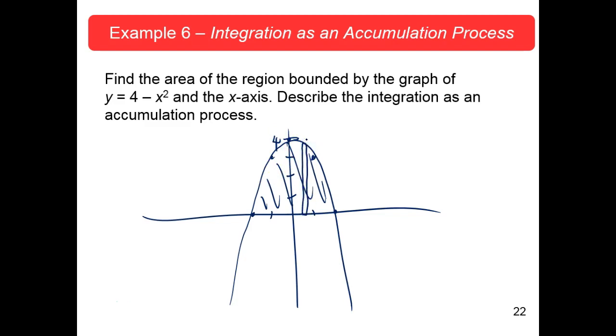Or you could choose dy if you wanted to, but please don't, okay? And what's the area of that rectangle? We've been doing this all along. 4 minus x squared minus 0, so 4 minus x squared times dx, okay?